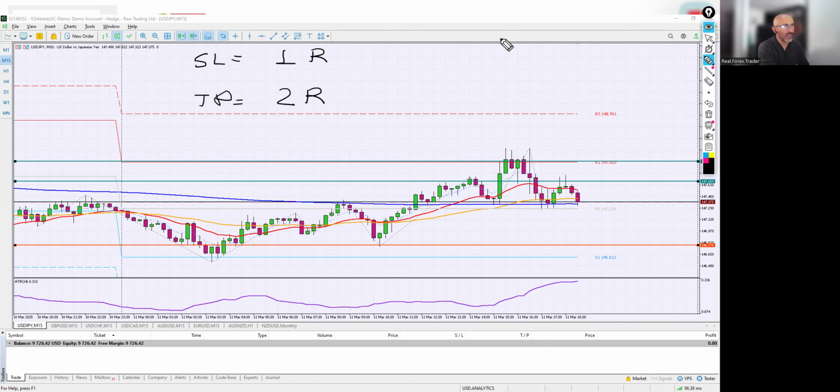What does it mean? Remember in the last video, we said that if my stop loss is, for example, minus 10 pips, what I am willing to risk, then my 2R is the double. So it's basically 20 pips.